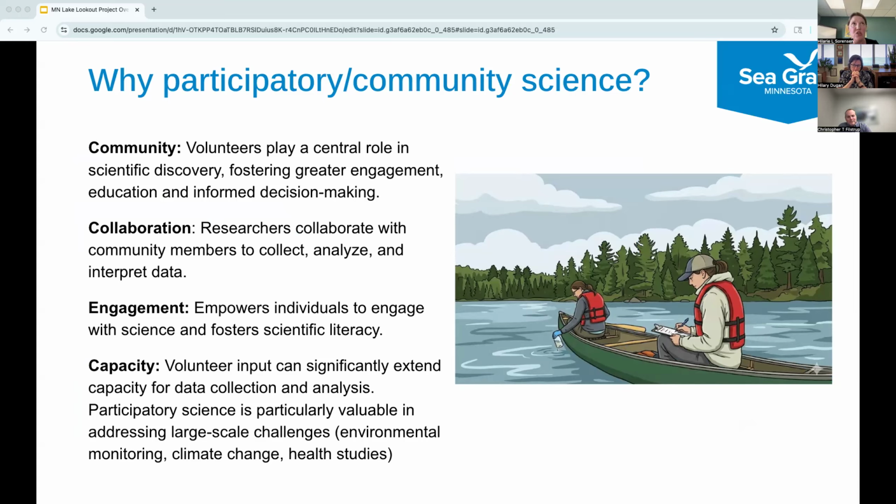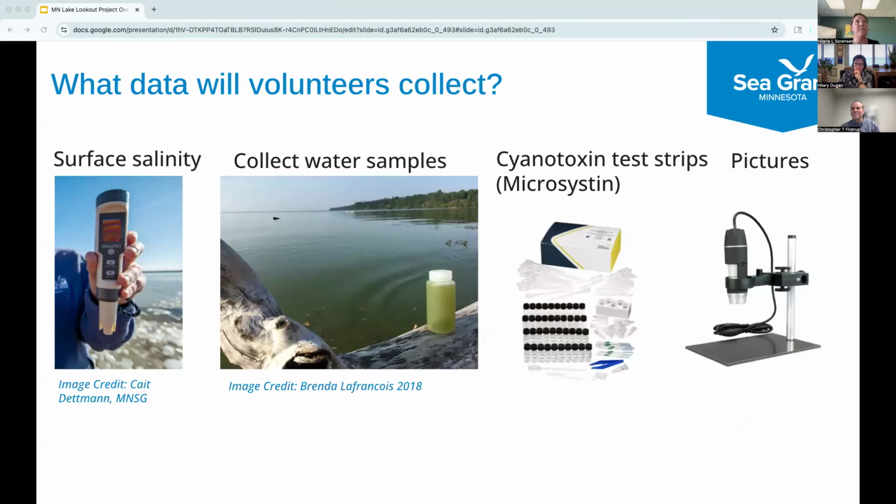It offers opportunities for collaboration between researchers and communities to collect, analyze, and interpret data. And as I mentioned before, it can really increase our capacity to collect data, to have more to look at. It's particularly valuable in addressing large scale challenges like environmental monitoring, climate change, or health studies. So that's primarily where it's used.